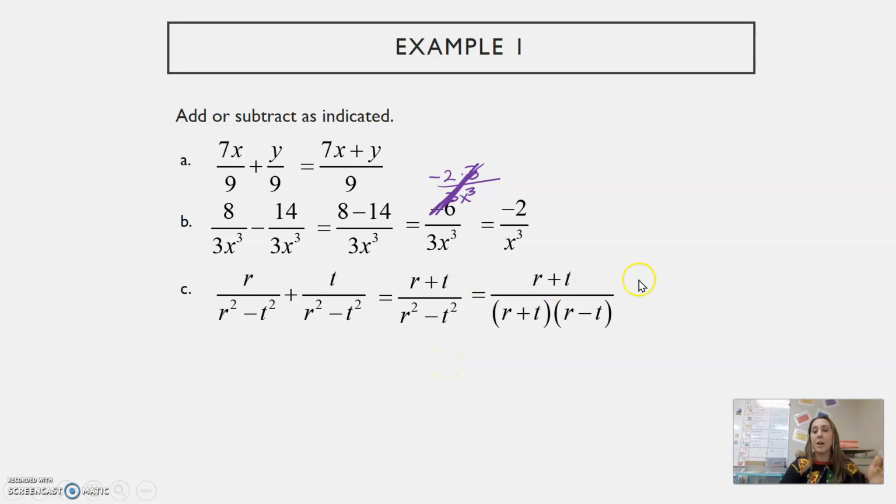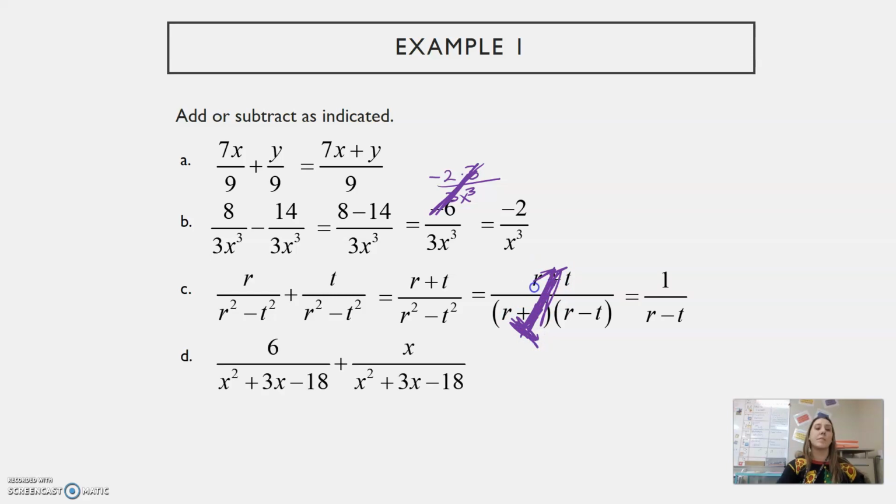Okay, now we have that common denominator. It's totally factored. Now we can find the same things that are on the top and the bottom, and the r plus t is the same on the top and the bottom. So then we end up with 1. So remember, it doesn't disappear. It doesn't cancel out. It turns into a big 1. We want to remember that.